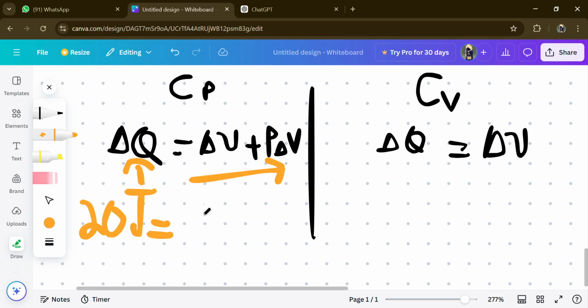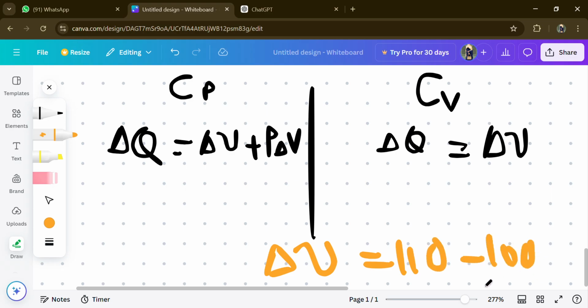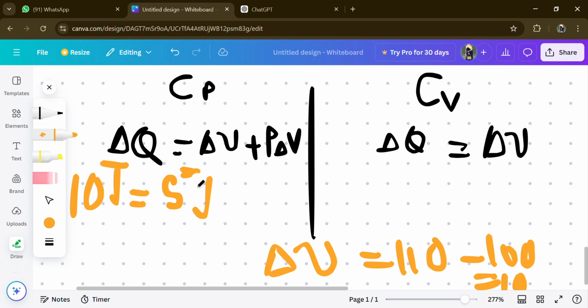Since the change in internal energy is 110 minus 100, we have to increase our value by 10 joules. Let's see that 5 joules is the heat provided to the system, and in addition, 5 joules of heat is used within the system to do the work.